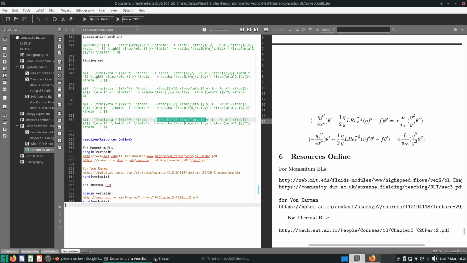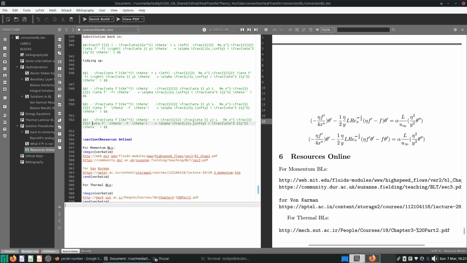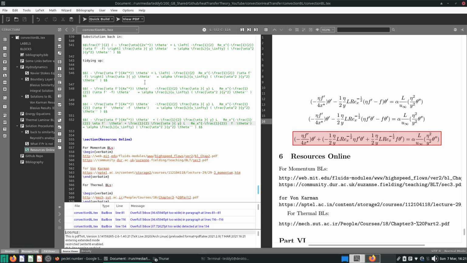So minus half, and so on, all the way to the Reynolds number there. I'll just put a plus here, minus here, and the minus will become a plus. There you go. So I think I can remove the brackets now.